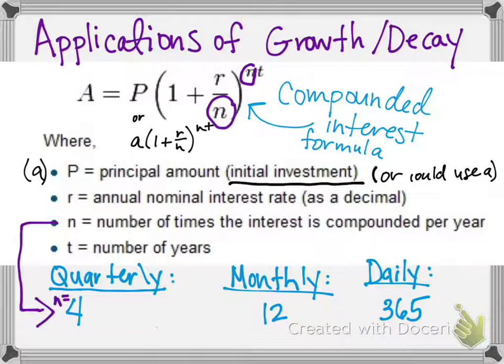If it was compounded monthly, N would be 12. If it was compounded daily, it would be 365. If it were compounded just yearly, once per year, then N equals 1. That's why in the examples we've seen before, we didn't worry about the N's, because it would be R over 1 and then T times 1.